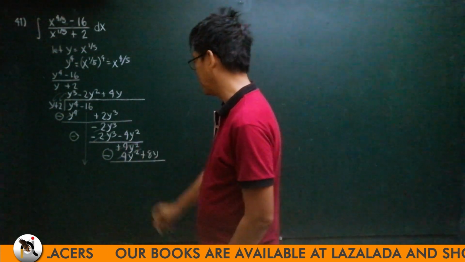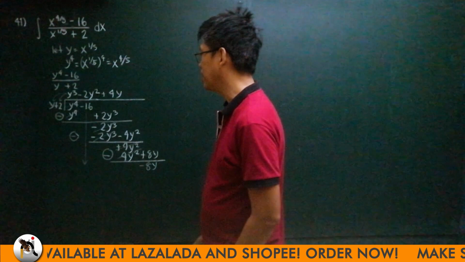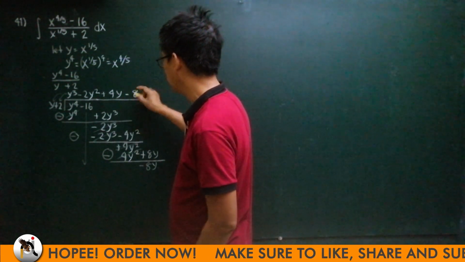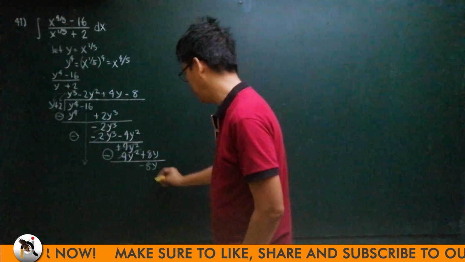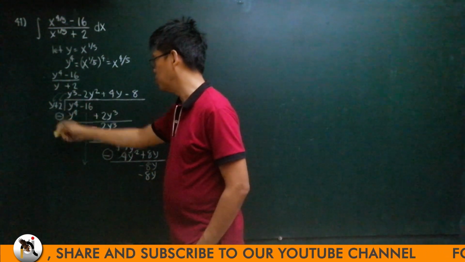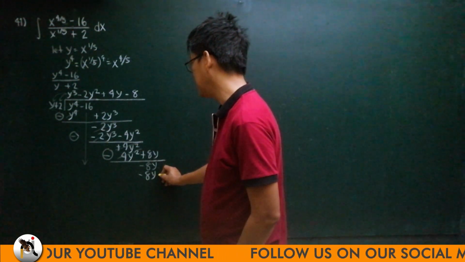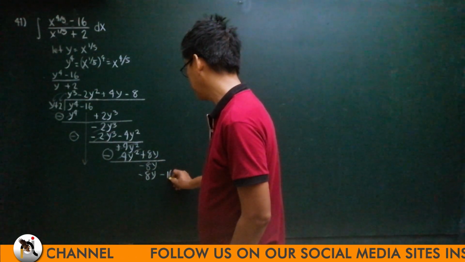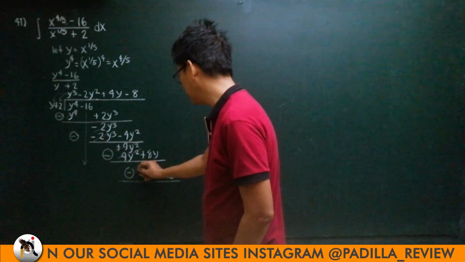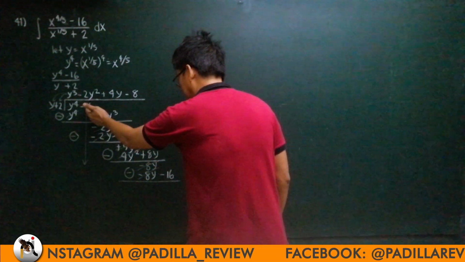We now subtract again. This minus this cancels out. So this would be minus 8y. Minus 8y over y is minus 8. Minus 8 times y is minus 8y. Minus 8 times 2 is minus 16, right? Correct? So we now subtract minus 8y minus 16.